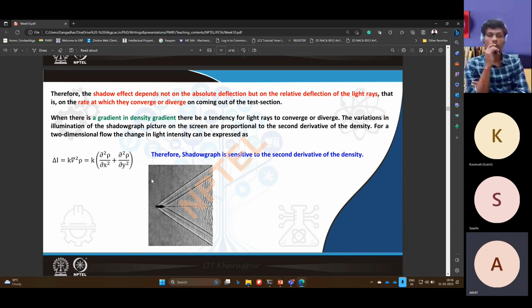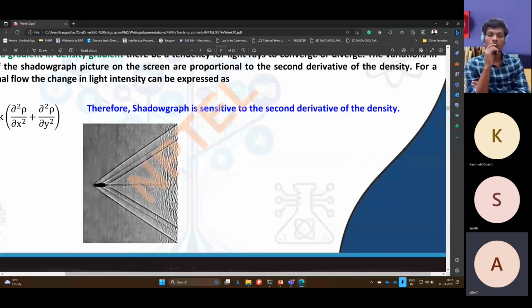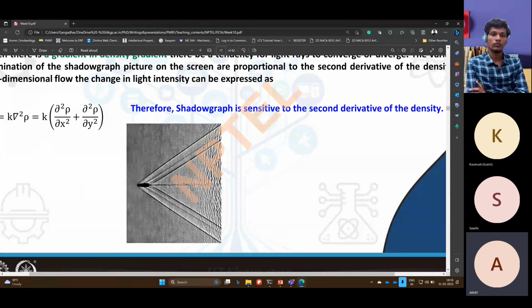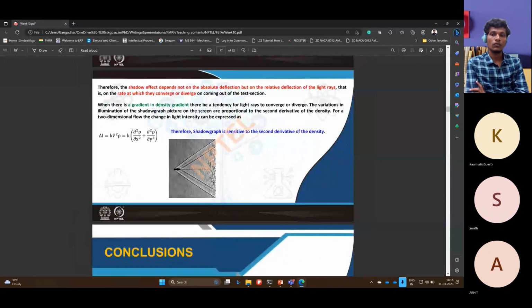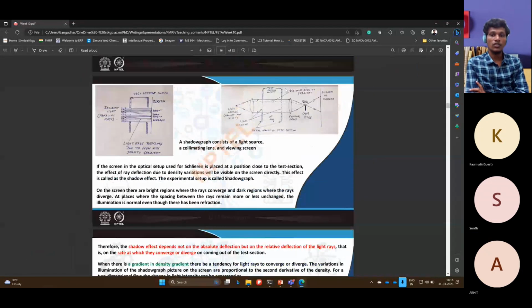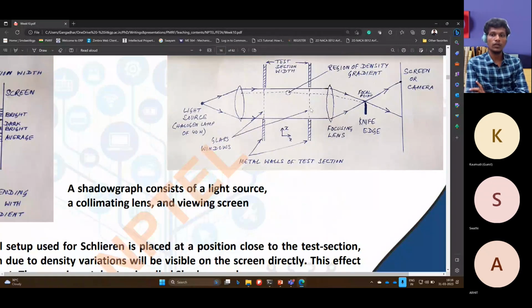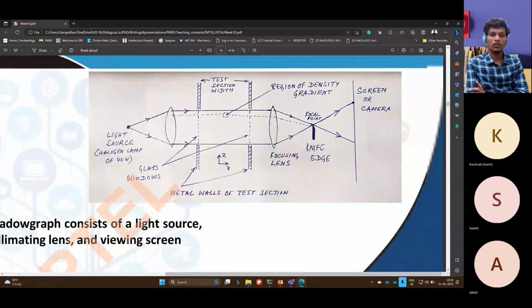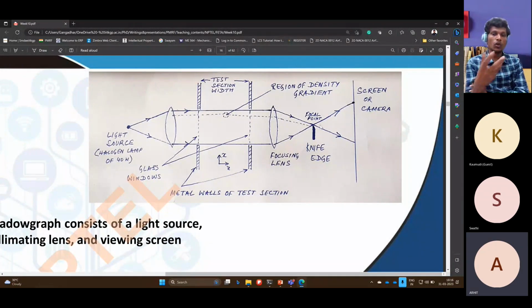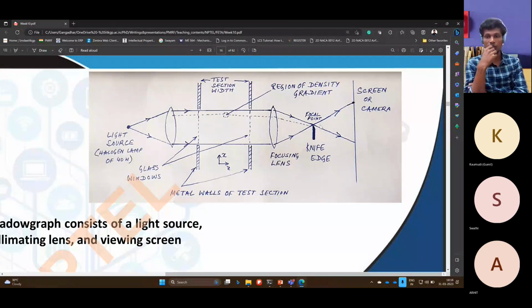Sir, in the case of the Schlieren technique, they are using a knife edge. Don't you think that using a knife edge will create diffraction of light? This knife edge is used to determine more or less your focal point.